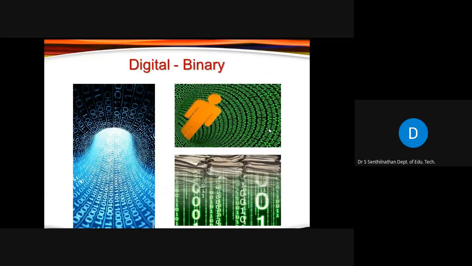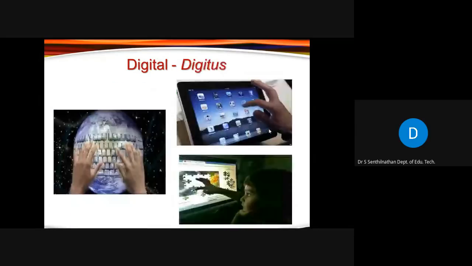And those from language backgrounds, especially English, may not agree with me, because the word digital takes its origin from a Greek root, digitus, which means fingertips. So any of these technologies which we make use of with the help of the fingertips become digital technologies.